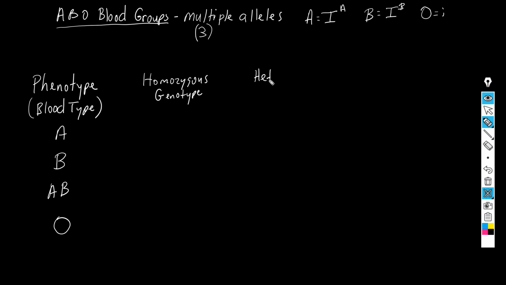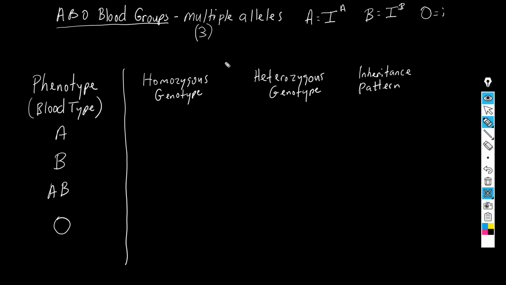We also want to take a look at the heterozygous genotypes. And we also want to establish what type of inheritance pattern we're dealing with. So I'm going to make this into a nice, neat chart here.